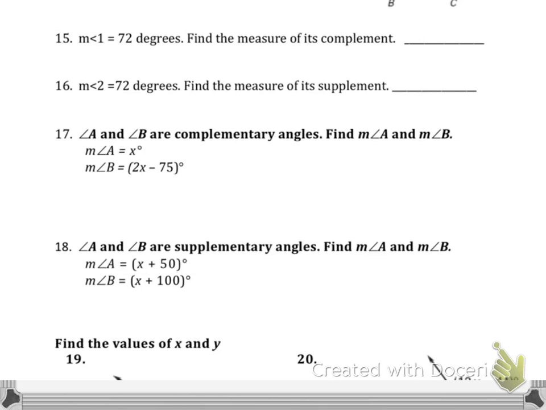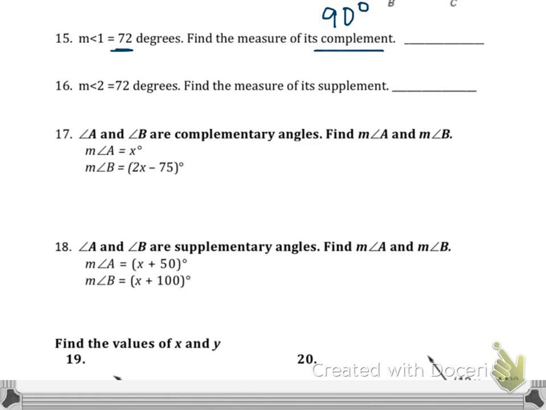Okay, in question number 15, it says the measure of angle 1 is 72 degrees, and then it says find the measure of its complement. So remember, a complement is 90 degrees, so you've got to memorize that. 90 degrees is the sum of complements. If you have two angles that sum to 90 degrees, then they are complementary.